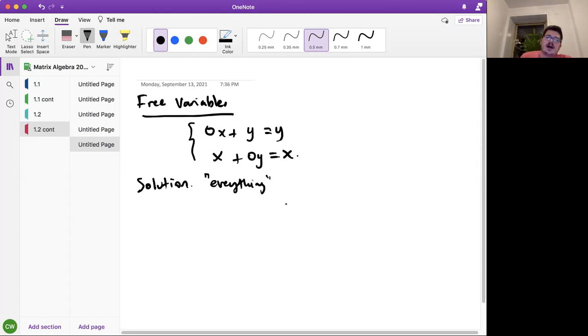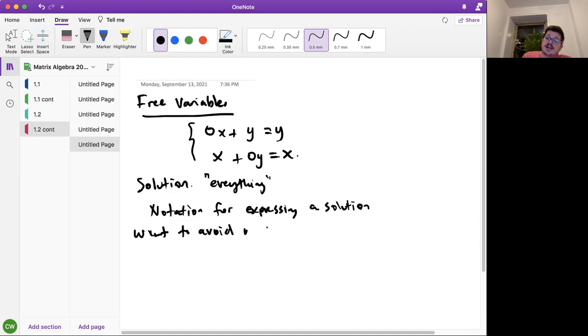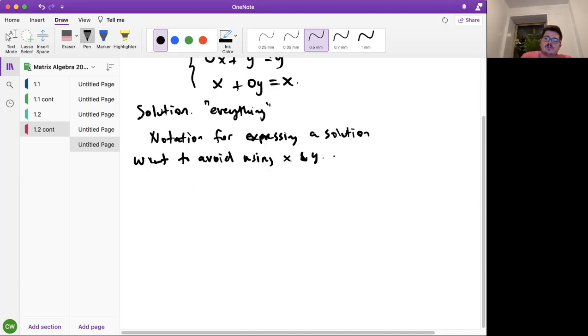In terms of notation for expressing a solution, we want to avoid using x and y and other variables, because usually these represent unknowns.